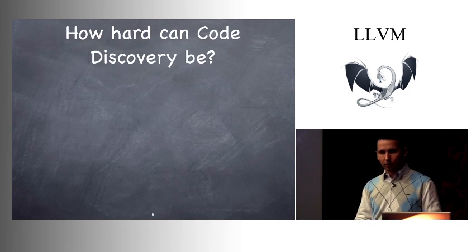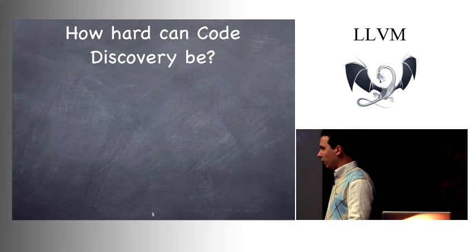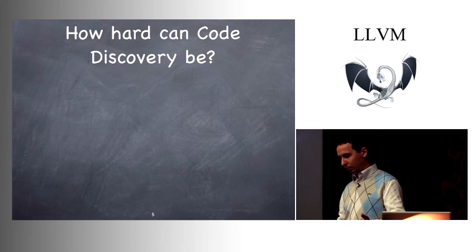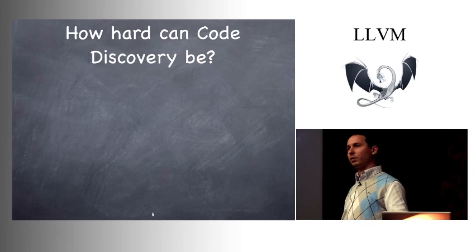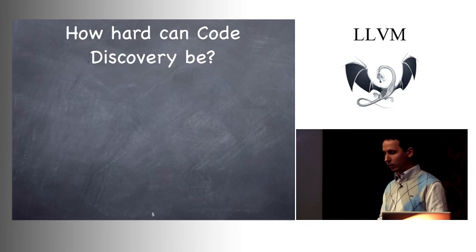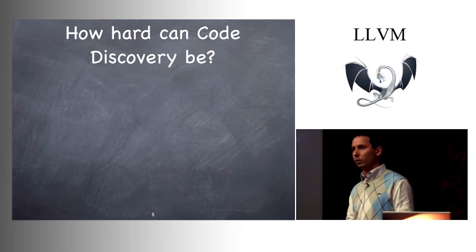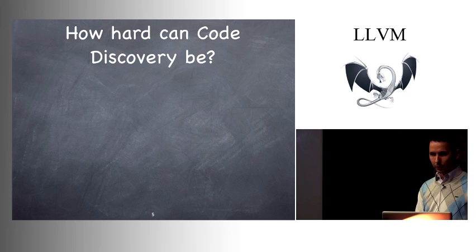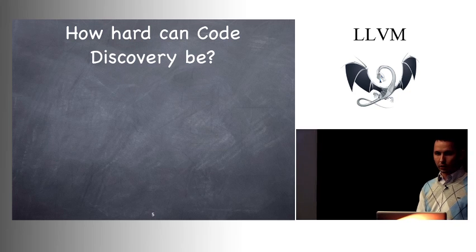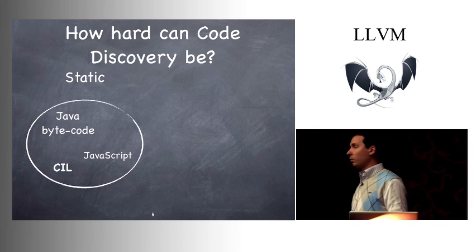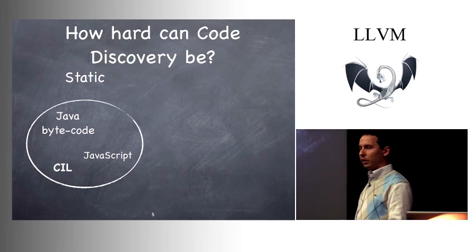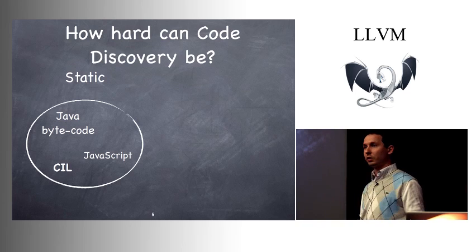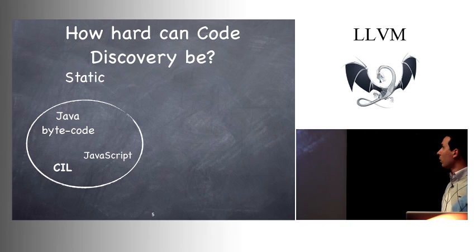Now you heard me talk about code discovery and profiling, and you may wonder by now, how hard can that be, right? Just output some code that does profiling, and you know what's going on. Well, it depends on which program representation you're working with. There are program representations where instructions can be easily separated from data, and that's virtually true of any kind of structured programming language such as Java, JavaScript, Common Intermediate Language, or Java bytecodes.